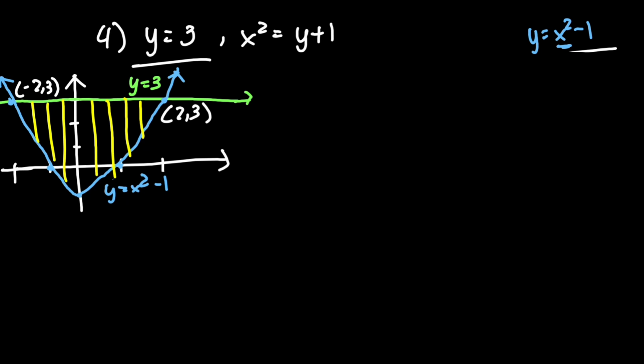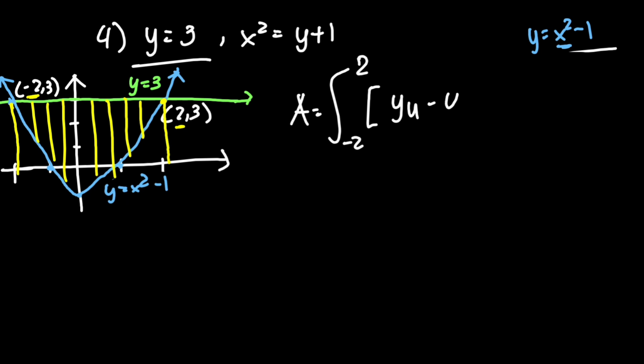And so the value of x here, since this is on the x-axis, get the value of x right here. And so the upper and lower limit right here would be equal to positive 2 and negative 2. Integral of y upper minus y lower of dx.